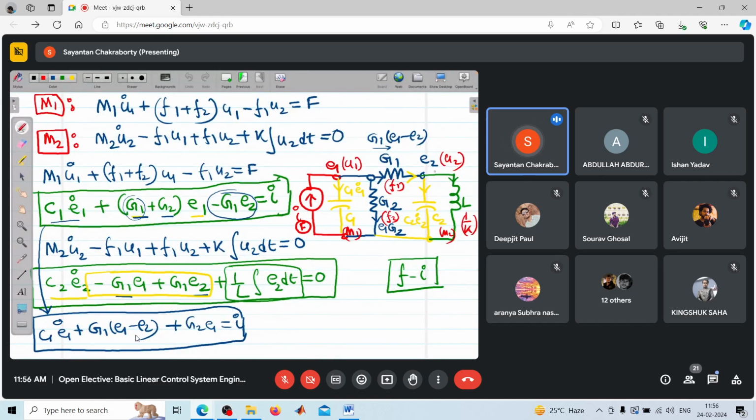So by this way, you can obtain a force voltage or a force current analogy of that mechanical system under consideration, right? So that is the concept of analogous system.